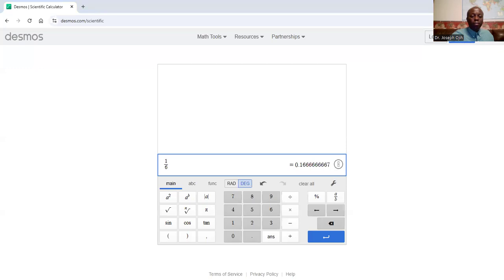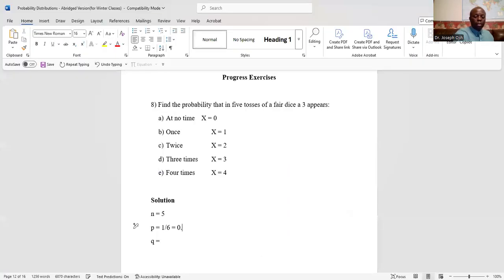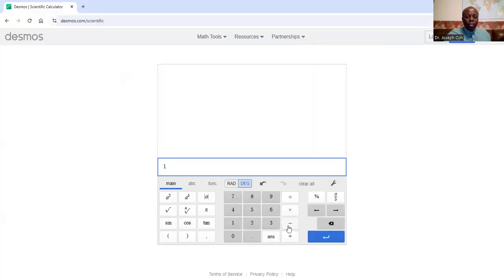P is 0.167, and Q is 1 minus P, which is 1 minus 0.167, which is 0.833.